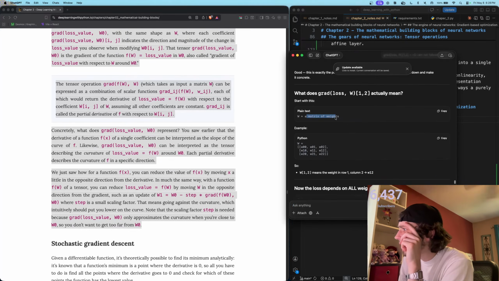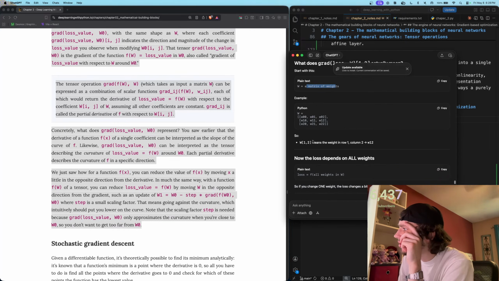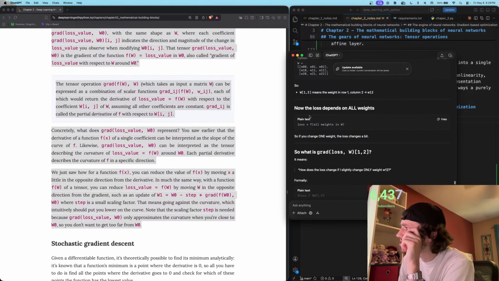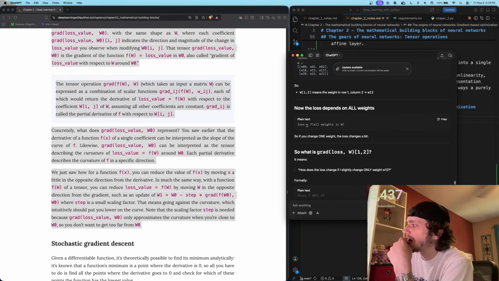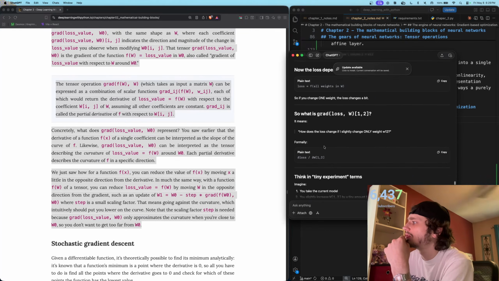W is a matrix of weights. Example, right? All these different weights. So, weight index 1, 2 means the weight in row 1, column 2. Okay, it's just a different way of indexing. Now the loss depends on all weights. You change one weight, the loss changes a bit. So what is grad loss W index 1, comma 2?